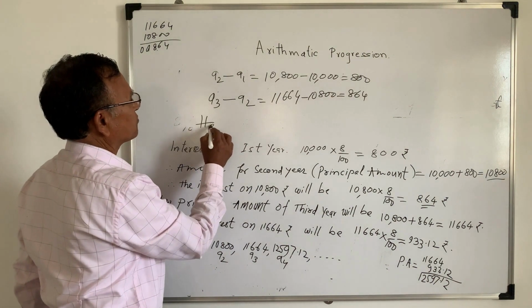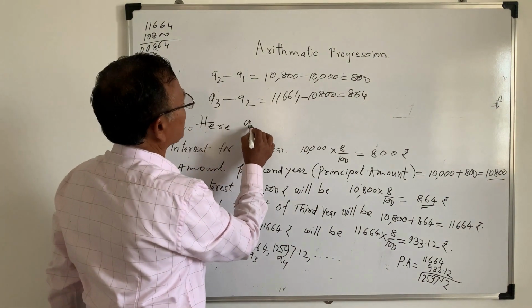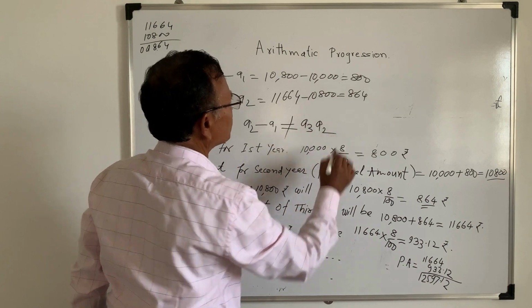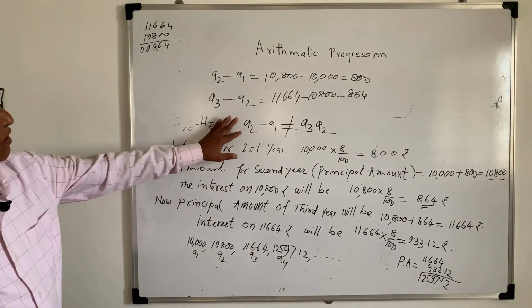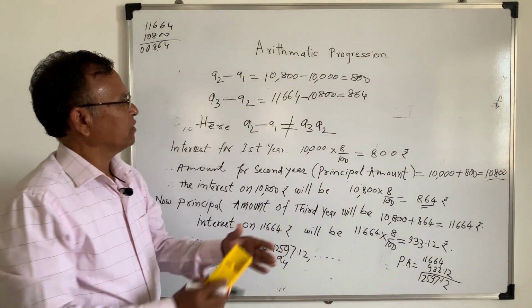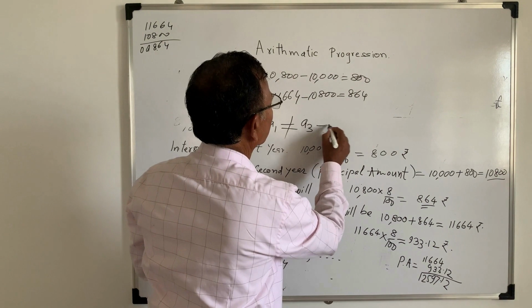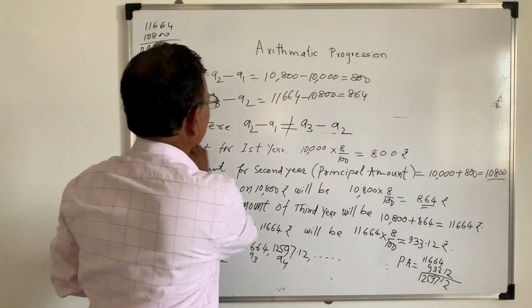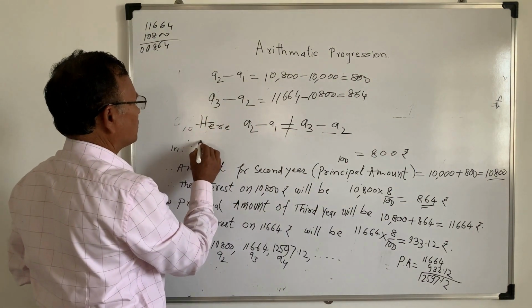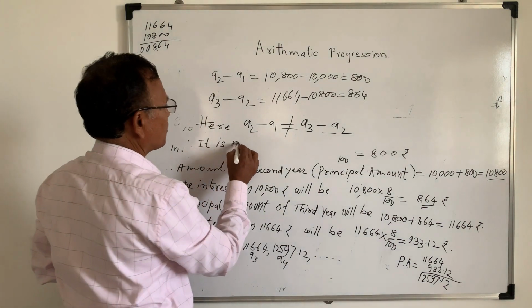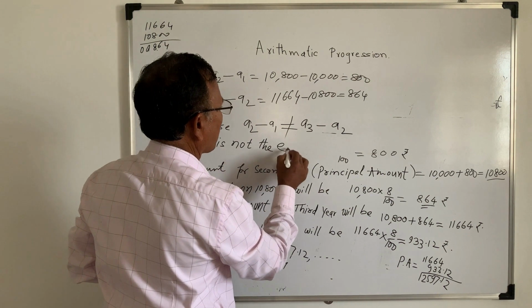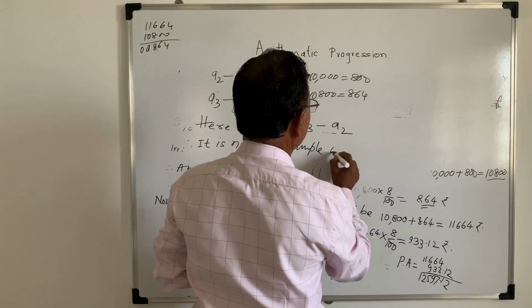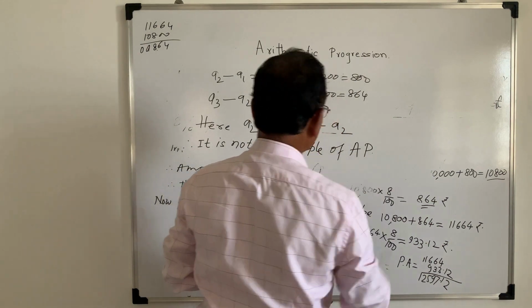Here A2 minus A1 is not equal to A3 minus A2, and therefore it is not an arithmetic progression.